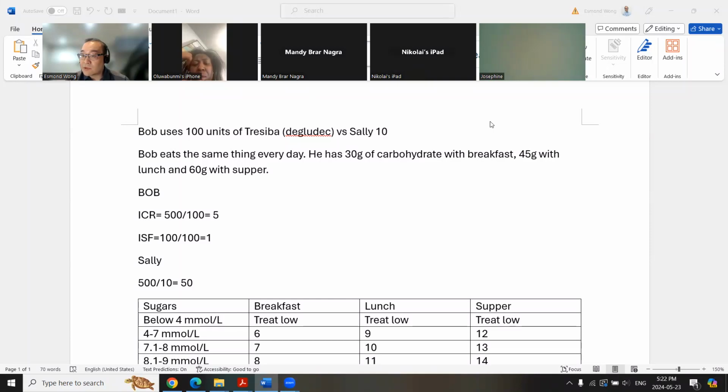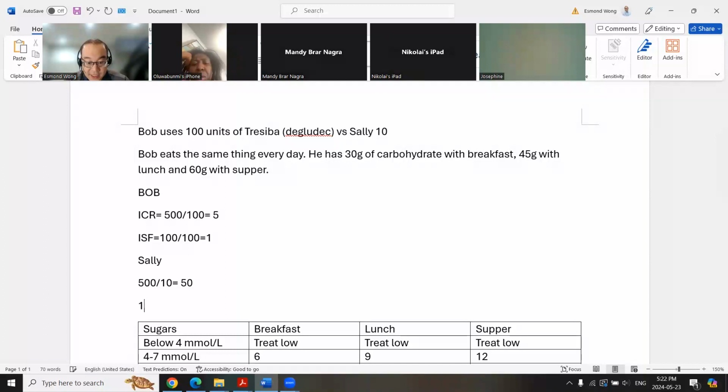Okay. So Sally takes 500 divided by 10, which is 50, and then 100 divided by 10, which is 10. So 1 unit drops Sally down 10, whereas for Bob, 1 unit only drops him down 1.